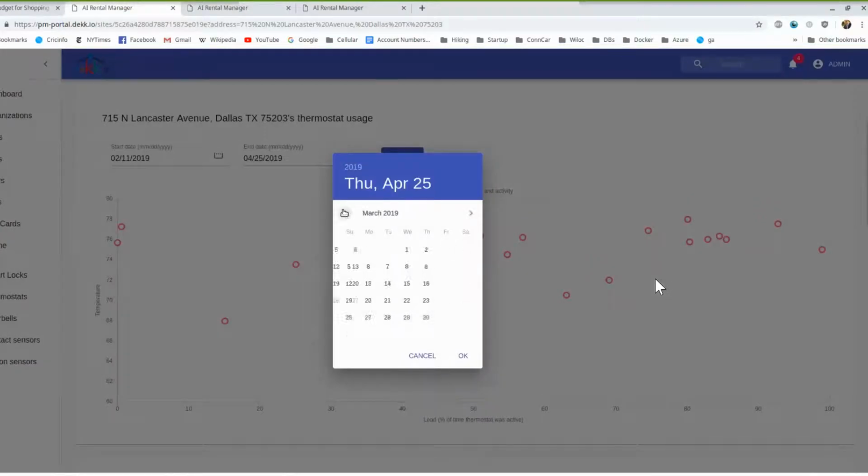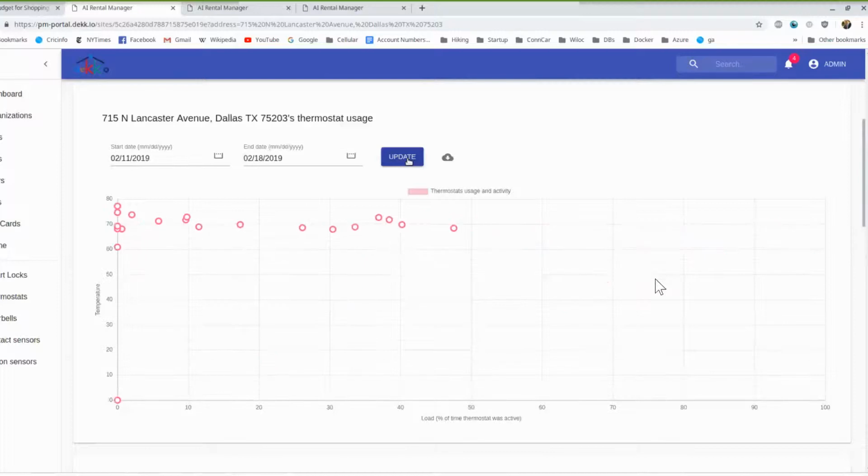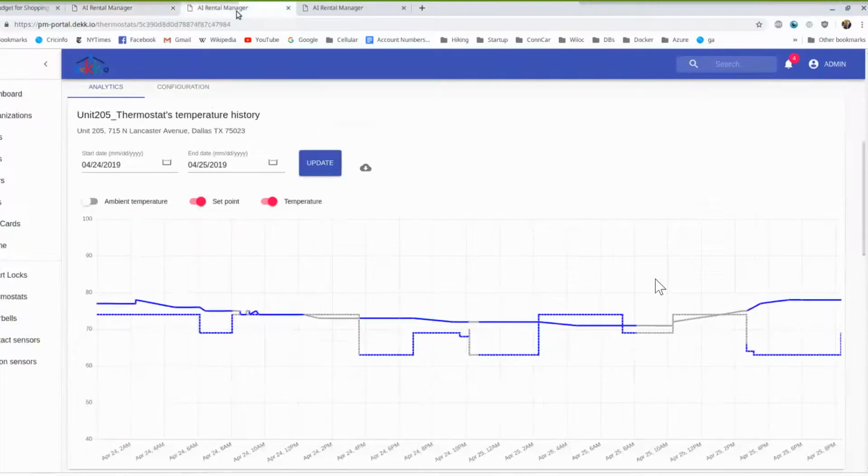But if you go to a time when it is cold or when it is hot, so let's say we go back to February and look at it. I mean, it would be good to just focus on one unit during a period of time, see how they run it, the temperature and everything. One unit at a time, not a graphic of all the units.